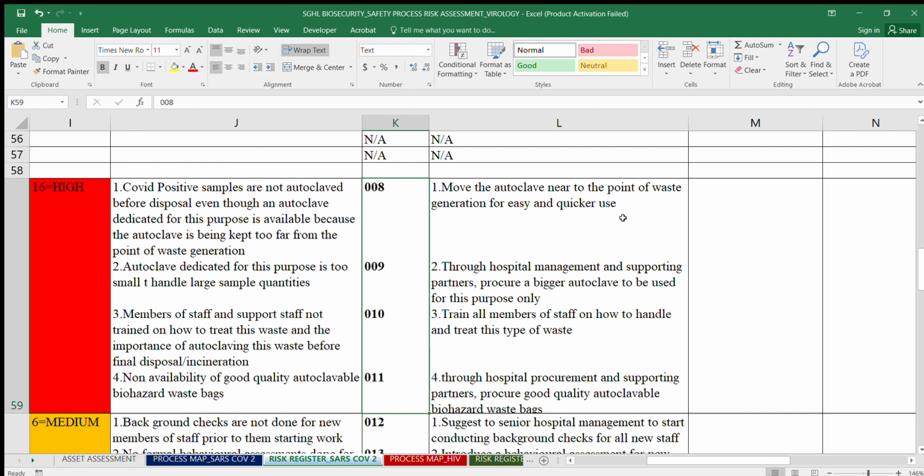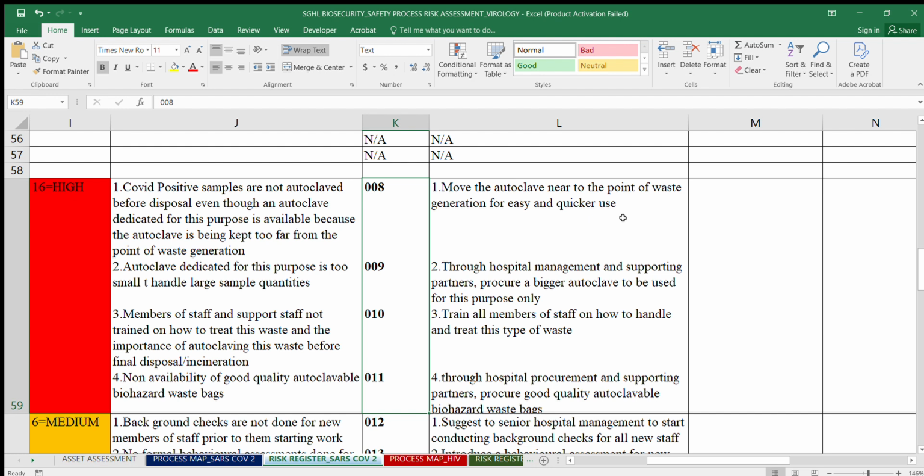So these numbers are mostly just coming from your preventive action plan or your root cause analysis. So like the biosafety risk assessment, for each and every root cause, you need to put up a measure to either get rid of the root cause or reduce the effects of the root cause.